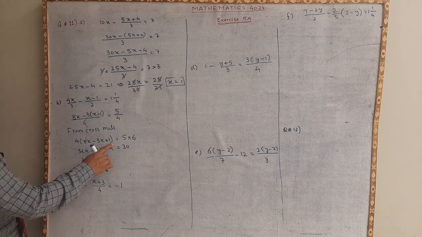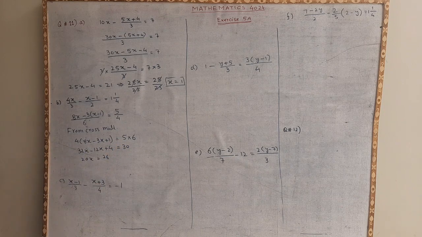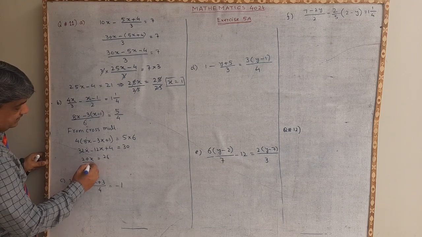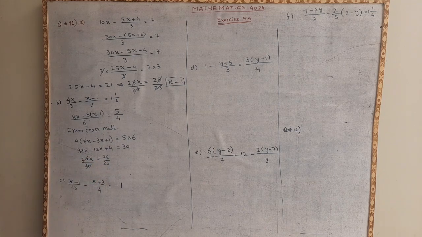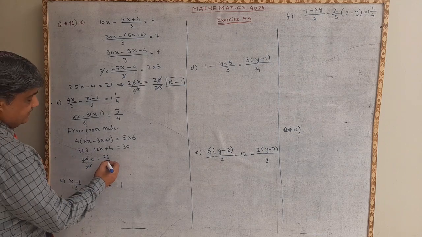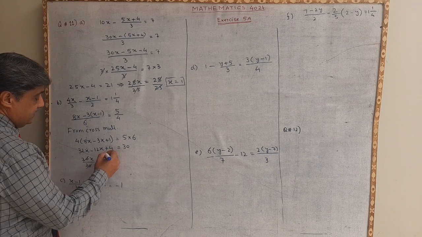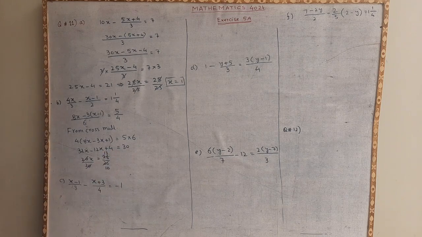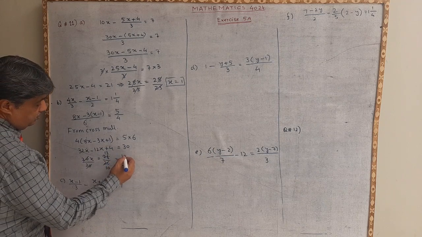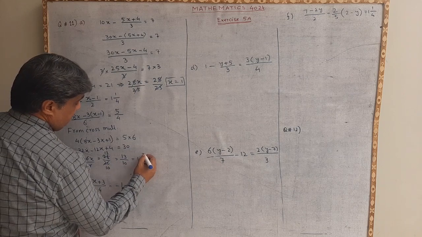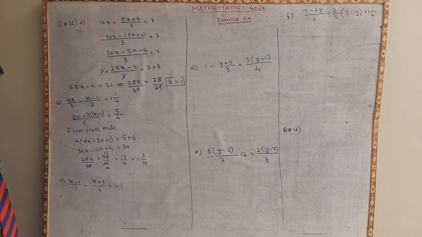When we shift this 4 to the other side and subtract it from 30, it will give you 26. Now dividing both sides by 20, this 20 will be cancelled with this one, and as a result 2 tens are 20 and 2 13s are 26, and that will be equal to 13 divided by 10, which will be equal to 1 whole 3 over 10, and that is the value.